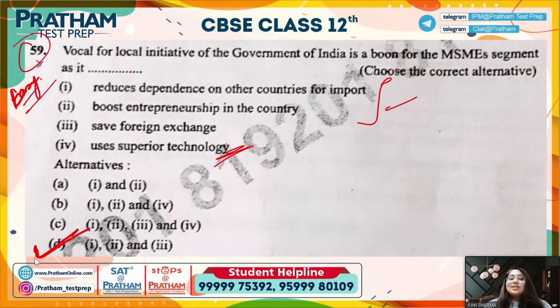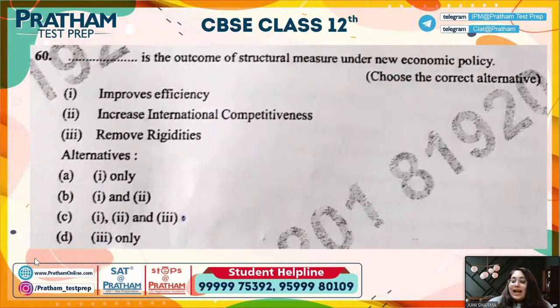And the last question is, dash is the outcome of structural measure under new economic policy of 1991. ये आपका है. इसमें आप देखो that it improved the efficiency. That is correct. It increases the international competitiveness. That is correct, because LPG से आपका globalization में integrating the domestic economy with the world economy आ गया था.